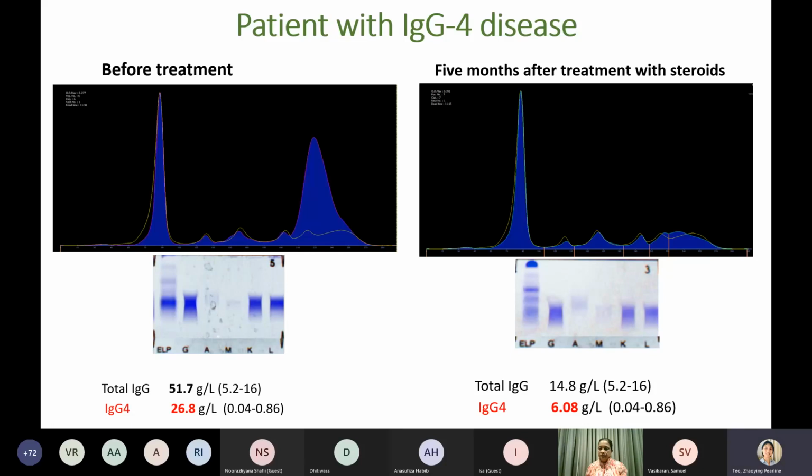Okay. Next question is, how is mass spectrometry beneficial to overcome the different platform variation in free light chain estimation? I think mass spec results would be accurate, but I'm not sure what the concordance is between mass spec measurements.